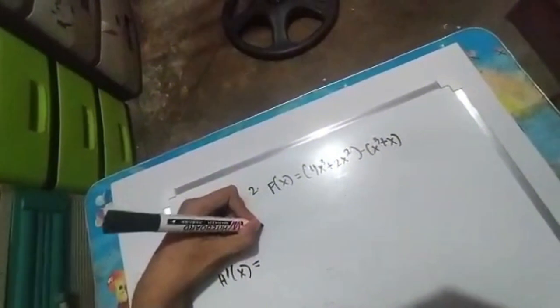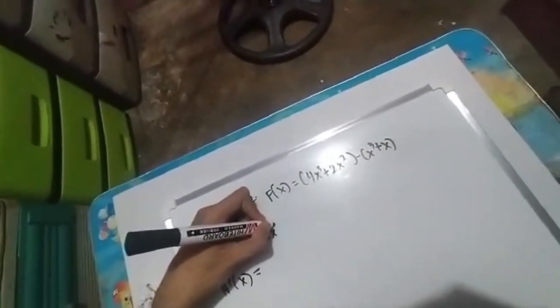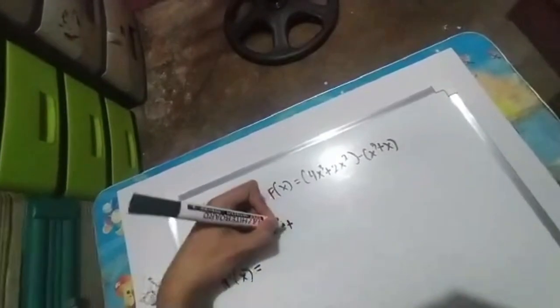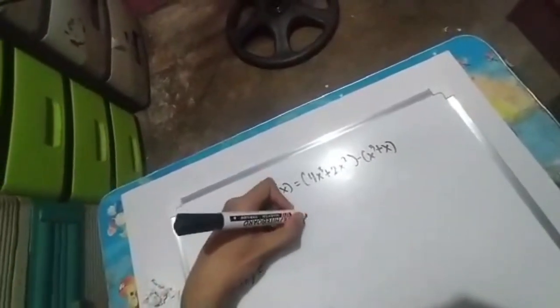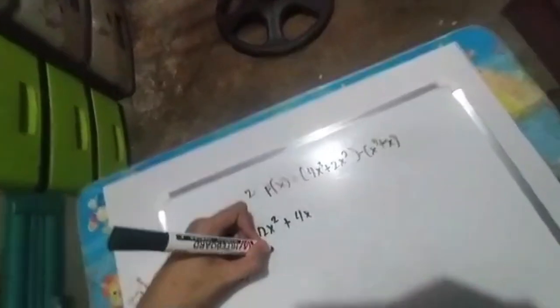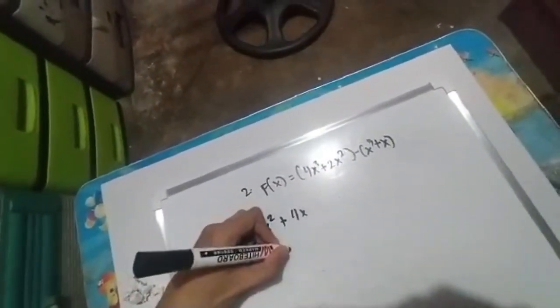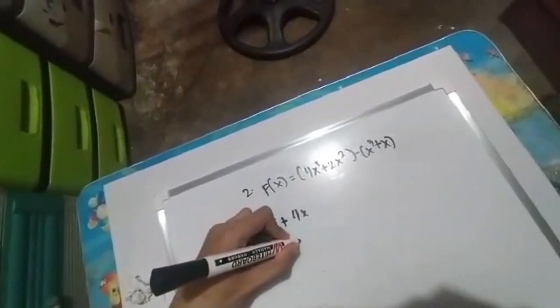So yung 4x cubed magiging 12x squared, and yung 2x squared is magiging 4x. And then next is x cubed is magiging 3x squared plus yung x magiging 1.